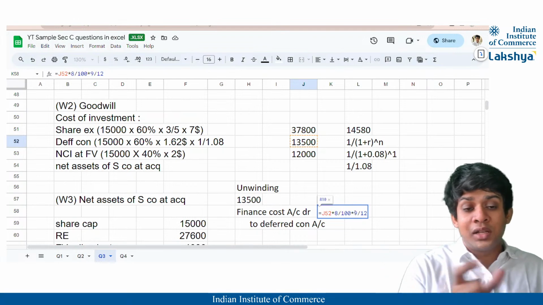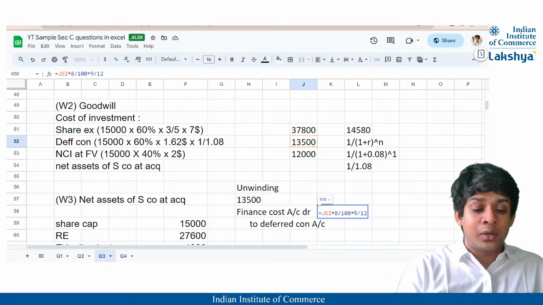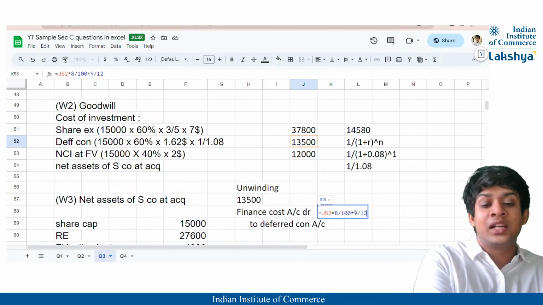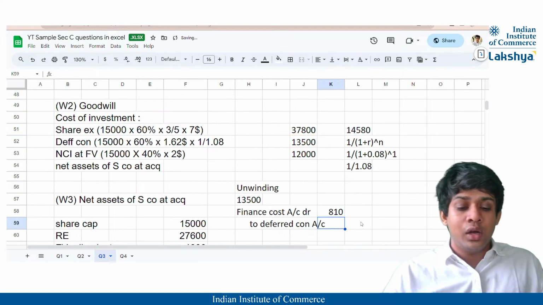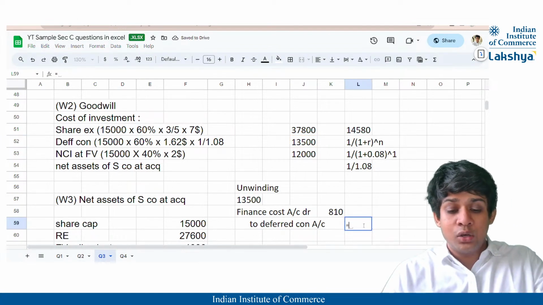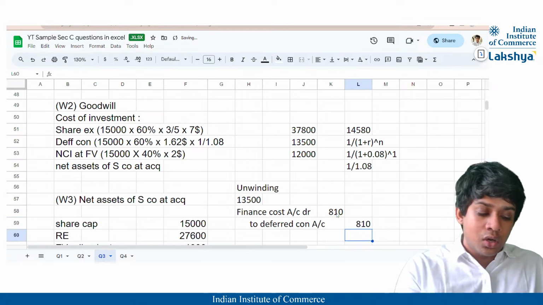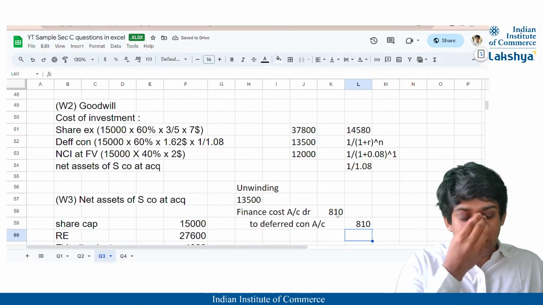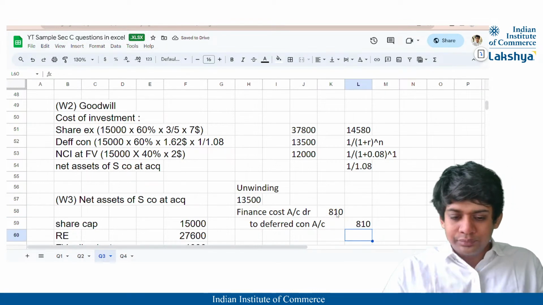So only 9 months of finance cost after acquisition will be charged. The remaining 3 months will be in the next year. So 810 is the value of the finance cost.